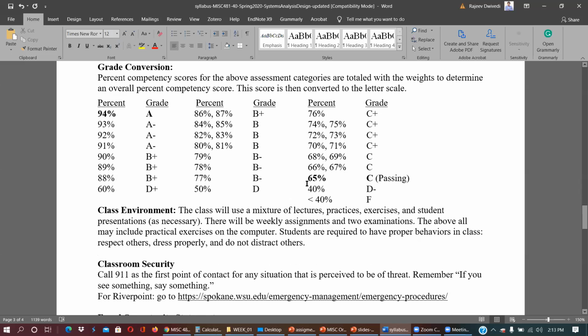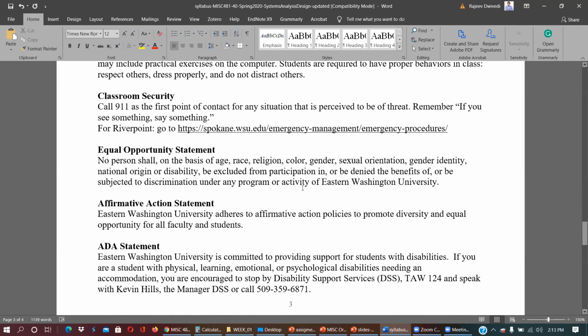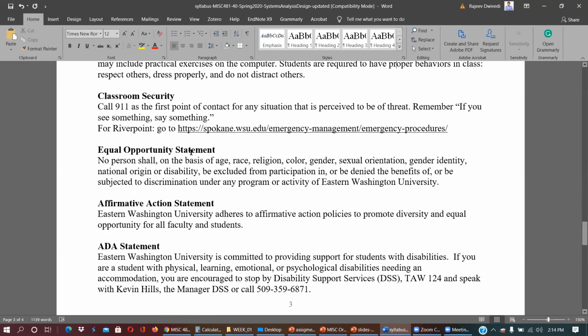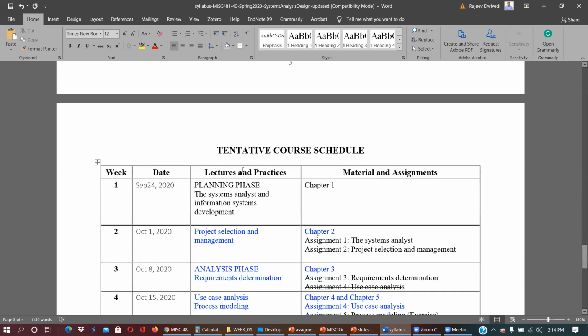So everything is right here on the syllabus page. All these are universally the same throughout the Eastern Washington University courses: campus security, classroom security, class environment, equal opportunity statement, affirmative action statement, ADA statement.